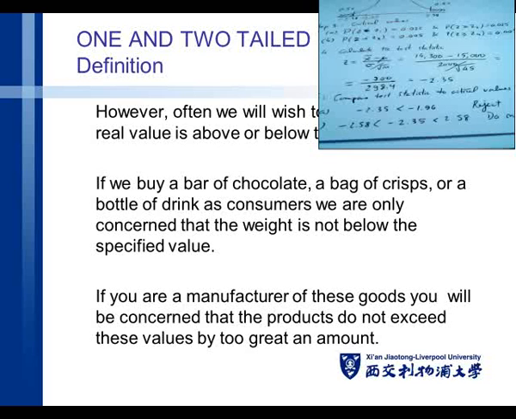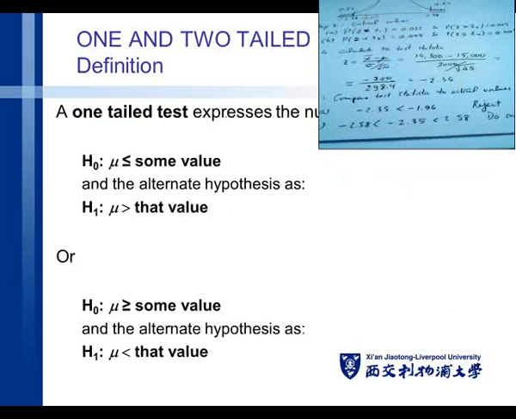So different people might be interested in different hypotheses. And so you might just be interested in the one-tailed test, where the null is that the population average is smaller or equal to some value, and the alternative is that it is greater.